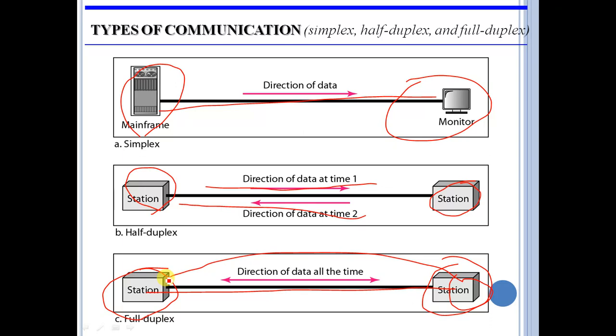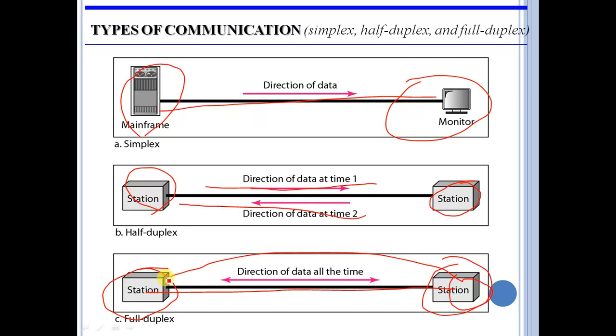A full duplex data communication system is as shown and can transmit and receive simultaneously. In full duplex mode, signals going in either direction share the full capacity of the link. The link may contain two physically separate transmission paths, one for sending and another for receiving.